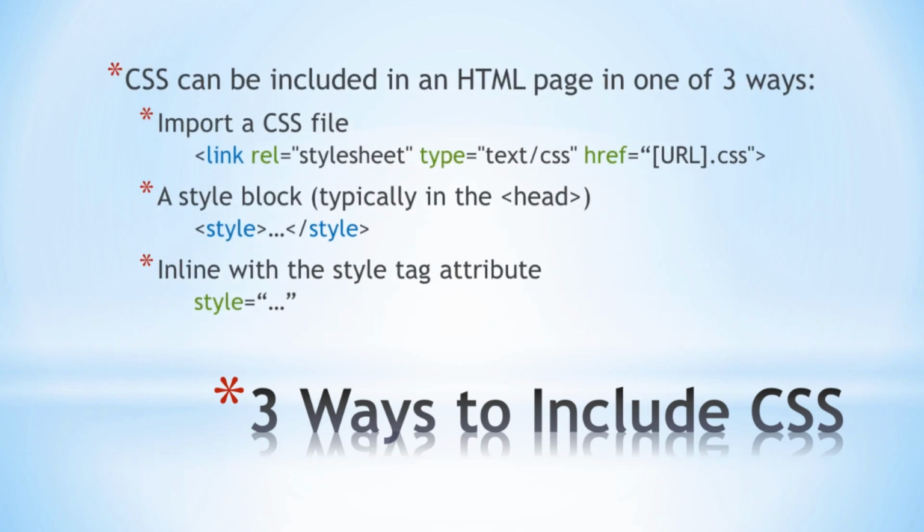And here they are. First, CSS can be imported from a separate CSS file, as you see here in our first example. Using the link tag, we use the href attribute to point to the URL of a .css file. .css files contain the specifications for how elements should look.